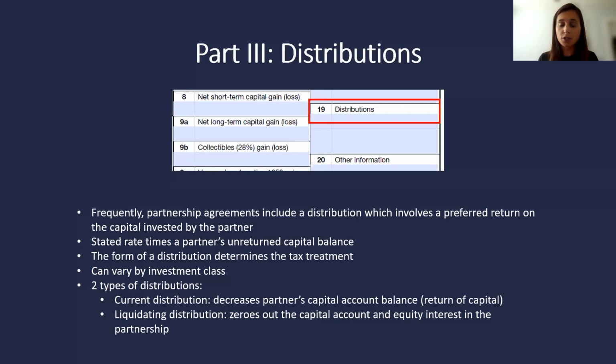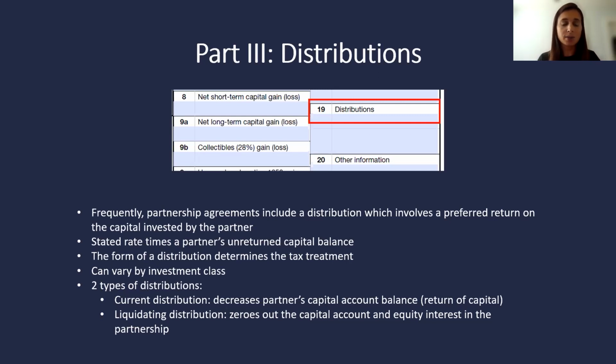The form of the distribution, which you should be cognizant of when you're reading these partnership agreements, will determine the tax treatment, and it can vary by the investment class. You might have class A, B, C. You just need to read the language in your partnership agreement to understand the nuances of the distribution.